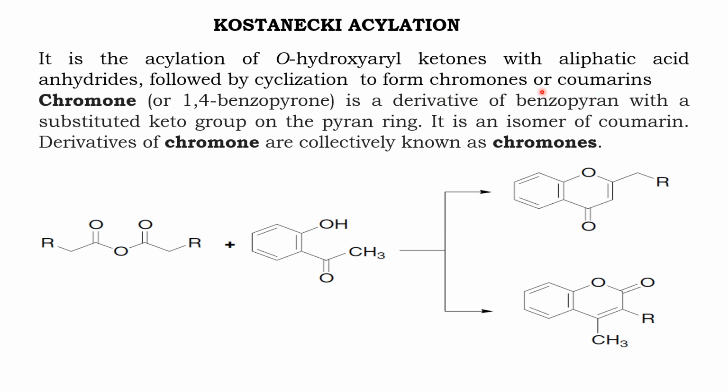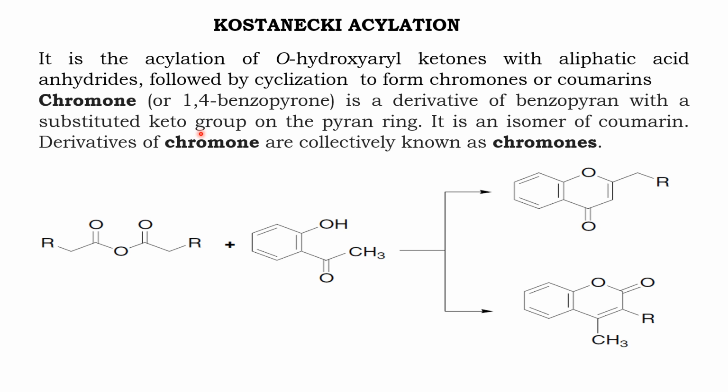And we know chromones and coumarins are basically isomers, and they are derivatives of benzopyran. In that benzopyran, a substituted keto group will appear.